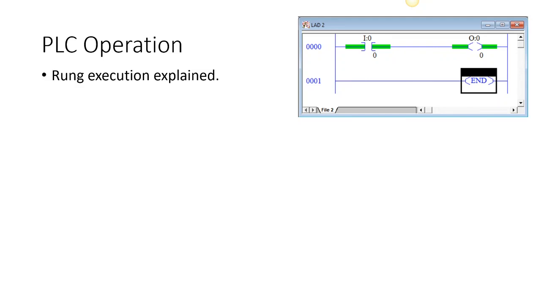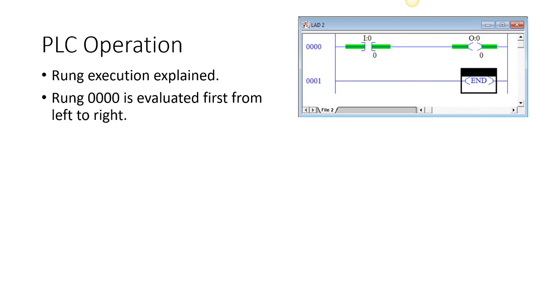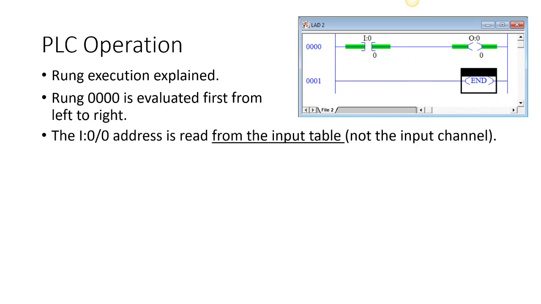Okay. So let's look at the rung execution here just a little bit closer. Rung 0 is evaluated first. We're going to go to this instruction right here. And notice I'm using the term instruction. I'm not saying that those are a normally open set of contacts. They're not an open set of contacts. They could be a limit switch.